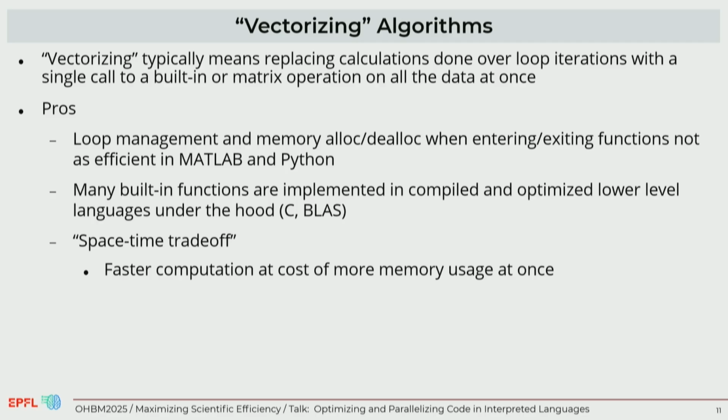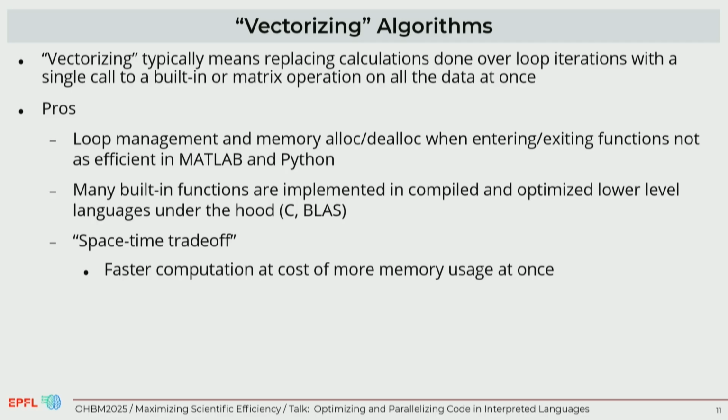It saves you the overhead of loop management that both of these languages have behind the scenes: passing memory down to built-in functions, getting it back, even incrementing the loop variable can be a big fraction of your code if your loop is simple enough. I've got an example of that later.